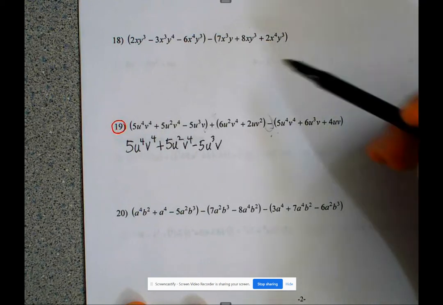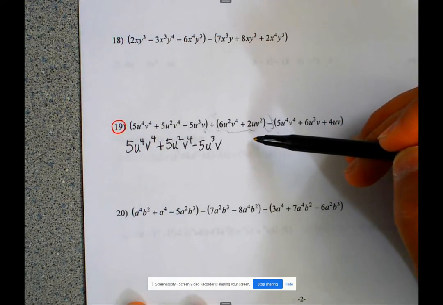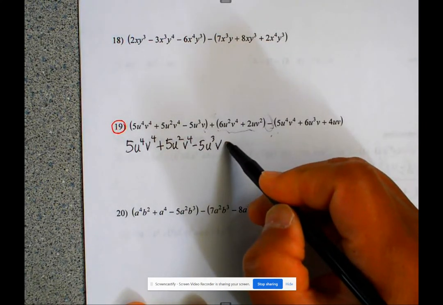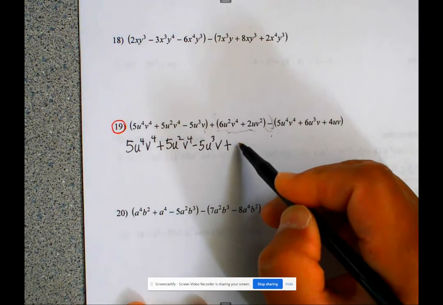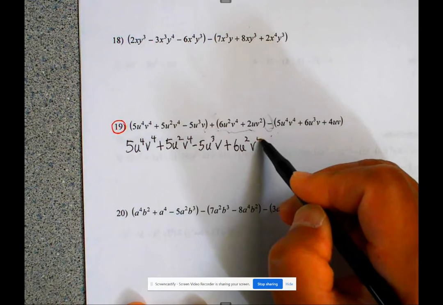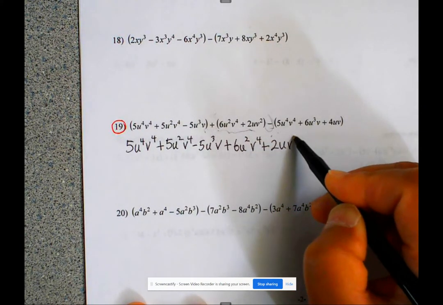All right, now we're on to the second parentheses. Do I need to change any signs on our second parentheses? No. So without the parentheses, you just copy what you have. So plus 6u to the second, v to the fourth, plus 2u, v to the second.